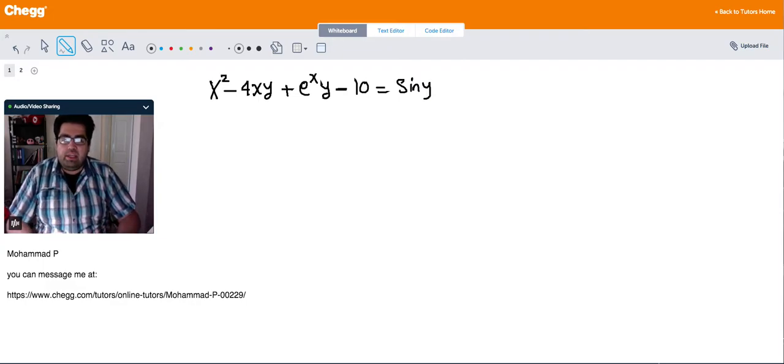But as you see on the board, we have an expression which is involved with all x and y combined together. So we are going to find y prime, which is dy dx.